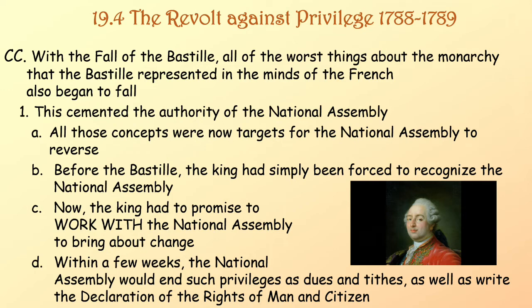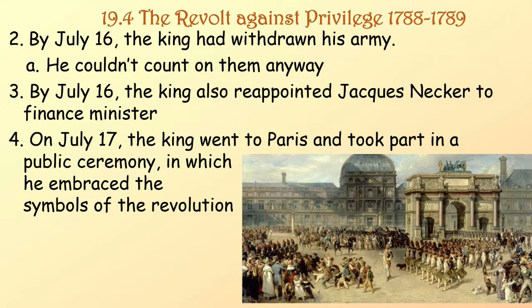Before the Bastille, the king had simply been forced to recognize the National Assembly, but now the king also had to promise to work with the National Assembly to bring about change. Within a few weeks, the National Assembly would end such privileges as dues and tithes, as well as write the Declaration of the Rights of Man and Citizen.